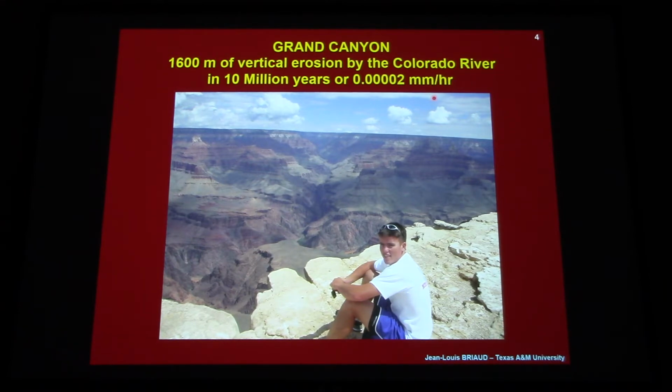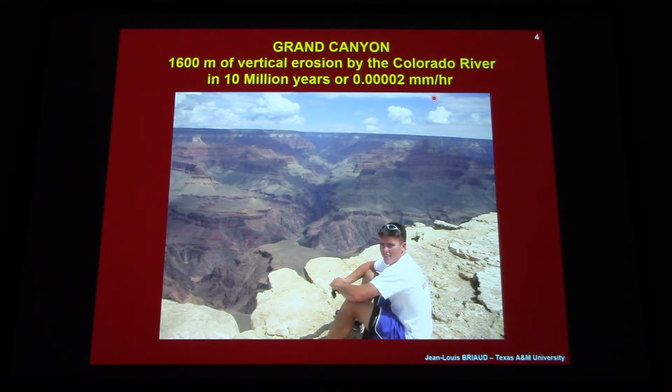And if you looked at this number and you say, wow, this is negligible, well, in the process you would be neglecting the Grand Canyon. So it's not just a matter of the rate of erosion, but how long that rate of erosion is being applied. In this case, a very small rate of erosion over 10 million years sure makes a big hole in the ground.